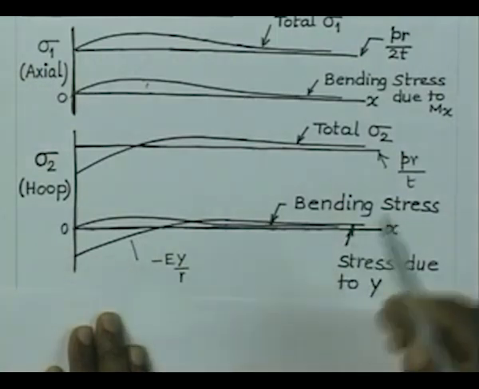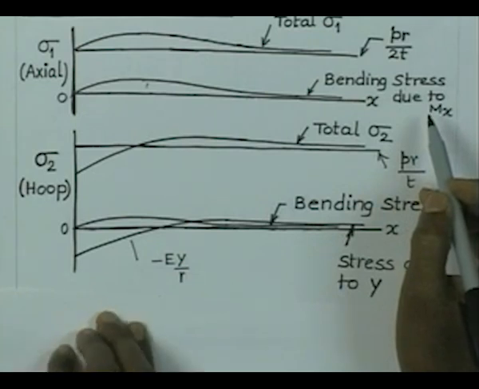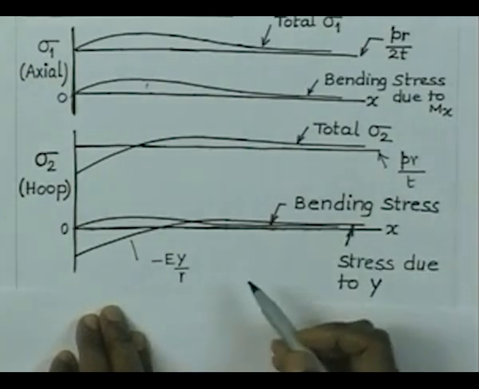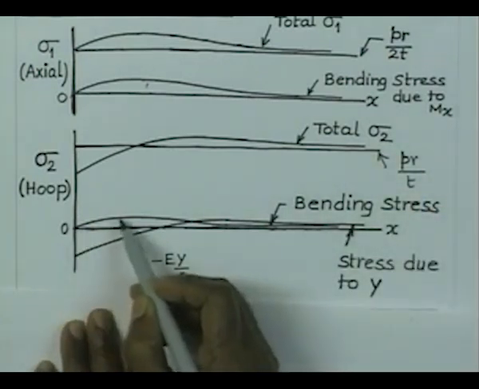And this bending moment is going to give rise to stresses in the circumferential direction due to the prevention of anticlastic curvature, which is proportional to nu times Mx, or its exact magnitude is 6 nu Mx by h square. This variation is going to be like this.